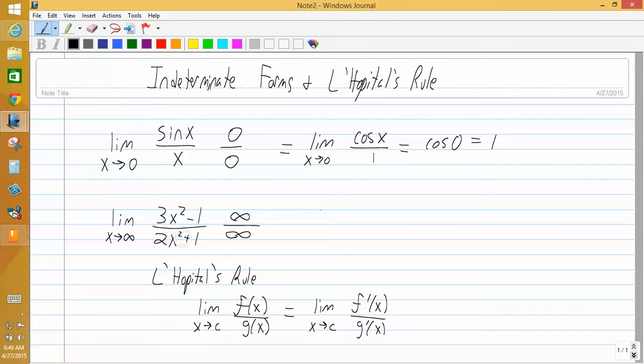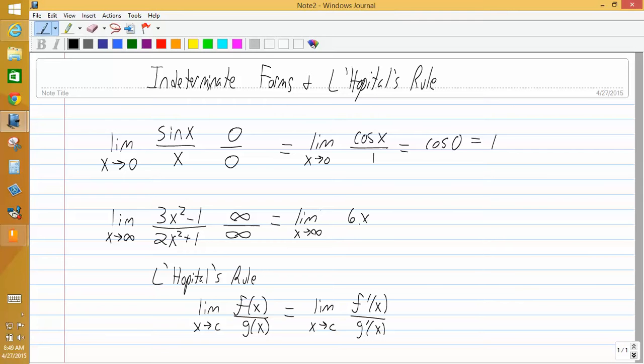And on this second problem, you were told to divide everything by x squared, which is okay. It's a good method to go through. But what we can do is say this is equal to the limit as x approaches infinity, and then take the derivative of the numerator and denominator.